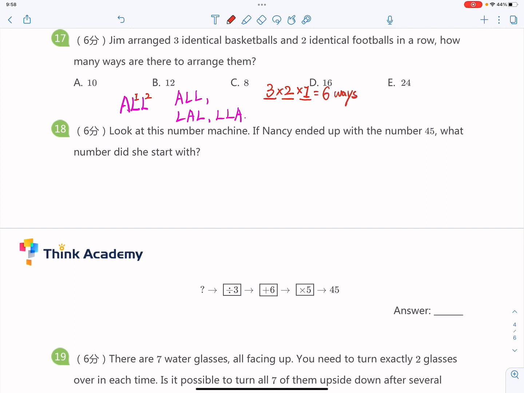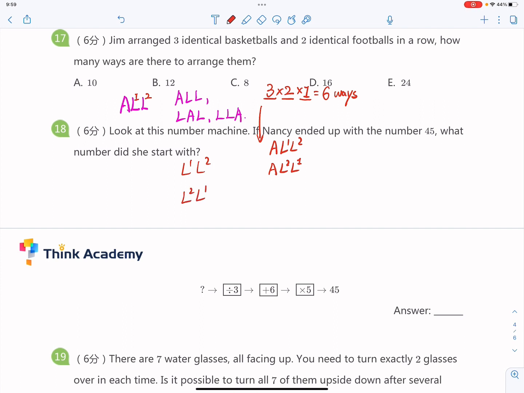But actually, for AL1, L2 and AL2, L1, basically they are the same thing, but you just count that one more time. Since for L1 and L2, you have 2 different ways to list them. That is L1, L2 or L2, L1.